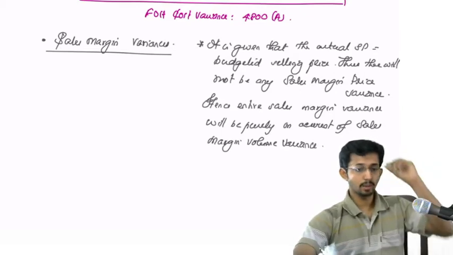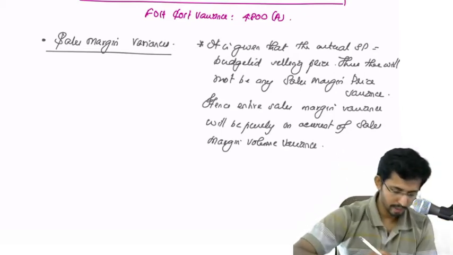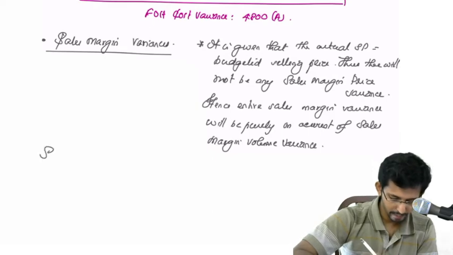Is it clear? So what is the formula for sales margin volume variance?